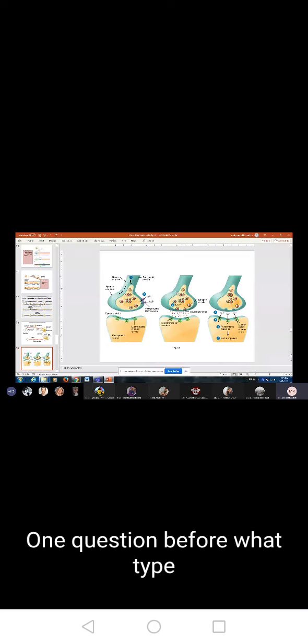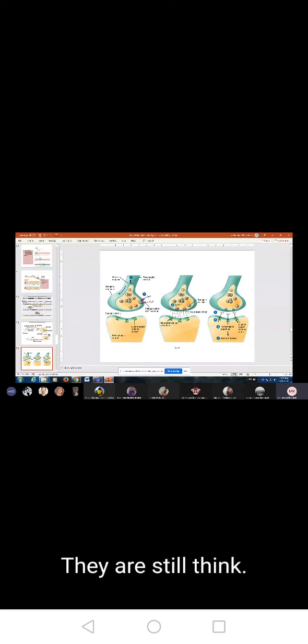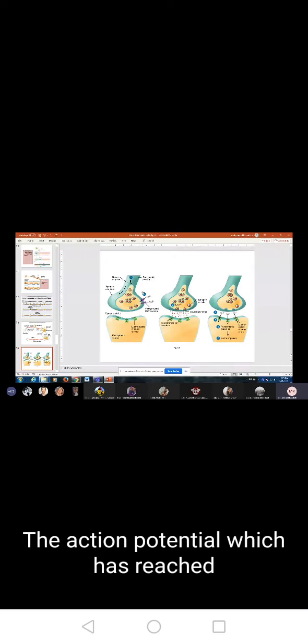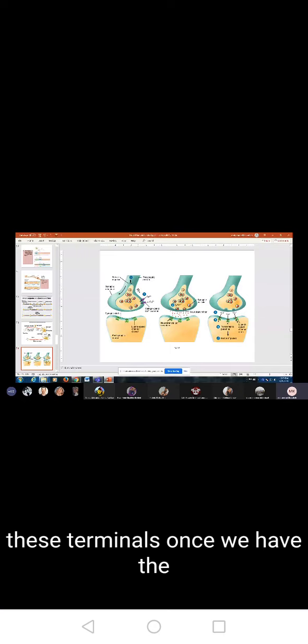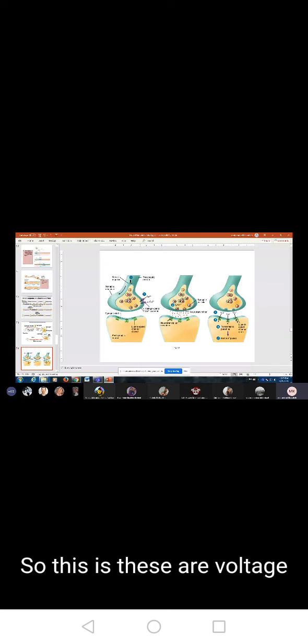One question before: what type of calcium channels do we have here at the terminals? Are they voltage gated? Exactly. They sense the action potential which has reached these terminals. Once the action potential reaches these terminals, it activates these calcium channels. So these are voltage gated channels.